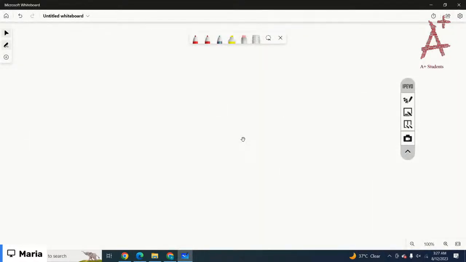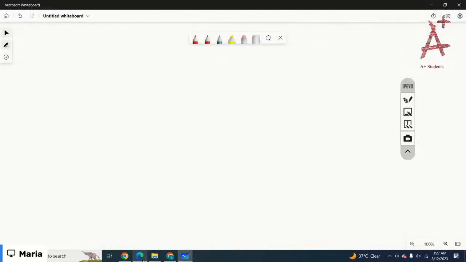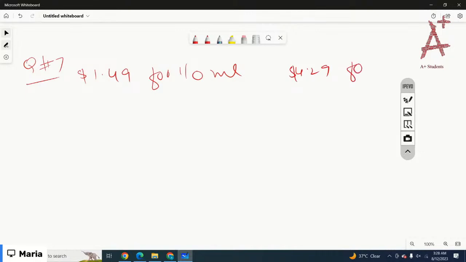The first one you are given is $1.49 for 110 ml, not 100. The other one is, okay, let's just calculate the value for 100 ml, right?